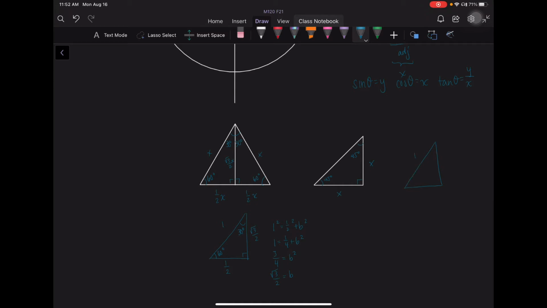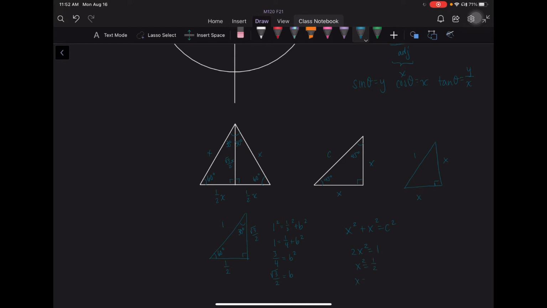And if we know that these are both the same value, how does that work out? Well, we can call this c. So we can say that x squared plus x squared equals c squared, or c is 1 in this case. So we have 2x squared equals 1, since c is 1, and dividing by 2, we get x squared equals 1/2.